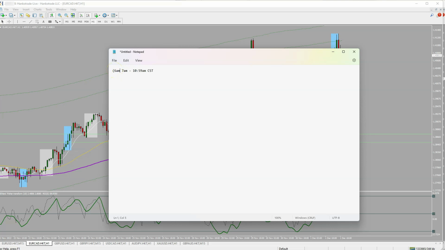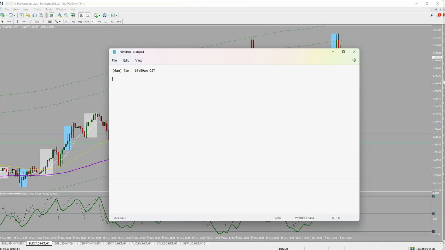However, I am aware that sometimes trades can take off as early as 6 a.m. But again, this is my actual trading hours that I abide by for myself. That's for the New York session.